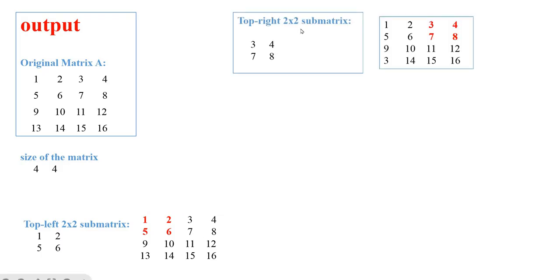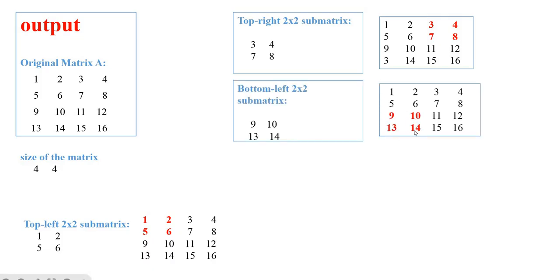Then comes the top right 2 cross 2 submatrix. For that we have taken 1:2, the first two rows, and n minus 1:n, the last two columns. So it will display 3, 7, 4, 8.